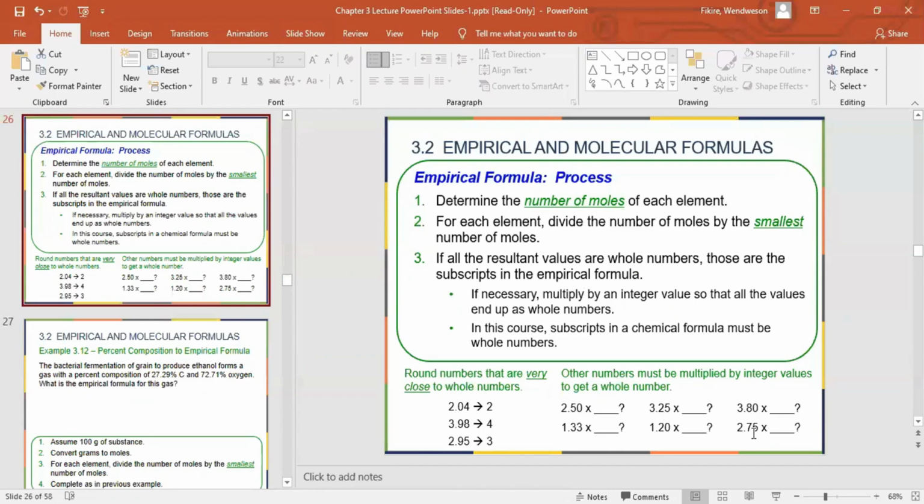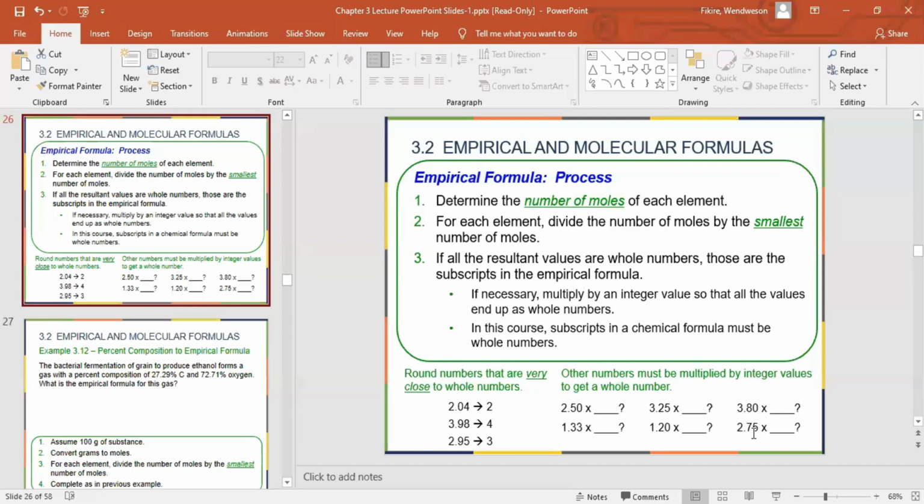You have to find a number to multiply by, an integer value, in order to get a whole number. So this is a practice for everybody. Let me give you an example. I have 2.50. If I want to change 2.50 into a whole number, what integer should I use?